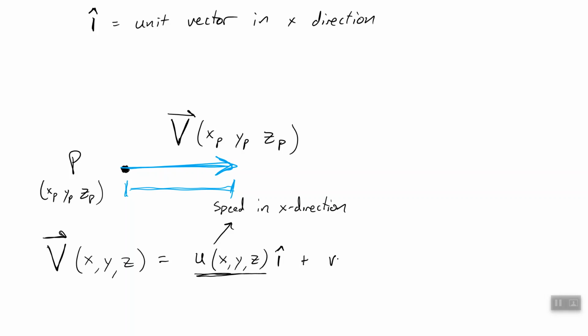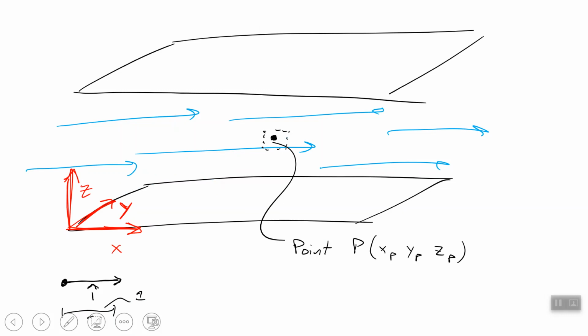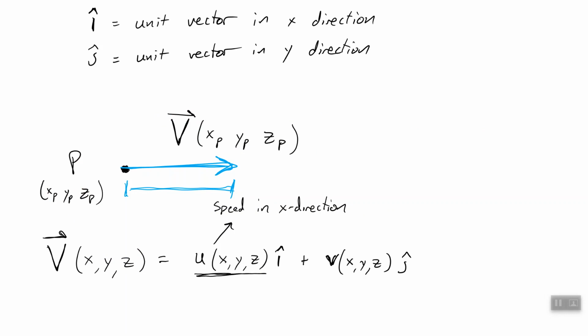Okay. Next, we have v x y z times j hat, where j hat is the unit vector in the y direction. All right, so going back, now here's j hat right here, pointing directly in the y direction with a length of 1. And then this is the scalar, or the value that tells us the fluid speed specifically in the y direction.